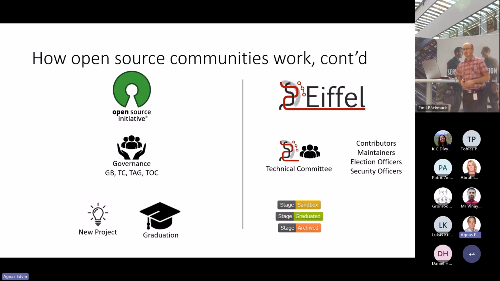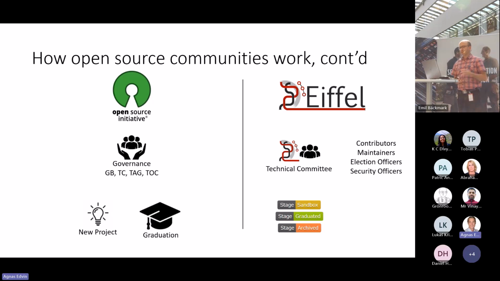Then some words about project life cycles and how that works in open source. When you have a new project idea, we heard about that yesterday from Matthias, there is often a graduation process. So new projects are often called to be in the sandbox stage. That's what we call it in Eiffel as well.